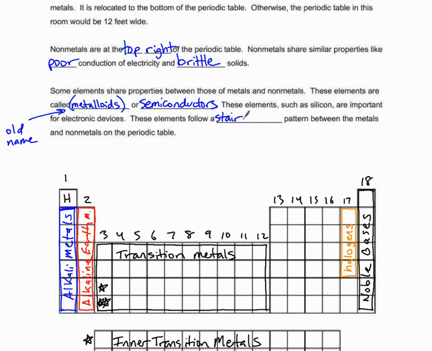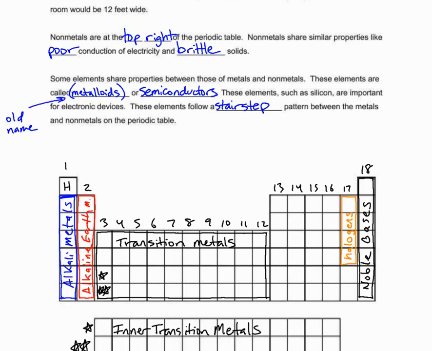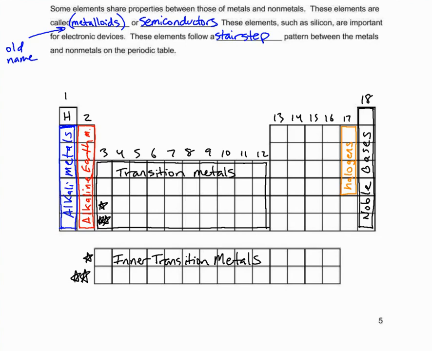Some periodic tables have it, some don't. On your periodic table, if it's not there, we're going to draw it in pretty soon. And so here's where it's going to go. The stair step starts at this corner, right up here by group 13. And it goes down, and then it goes over one. And then it goes down one, and then it goes over one.